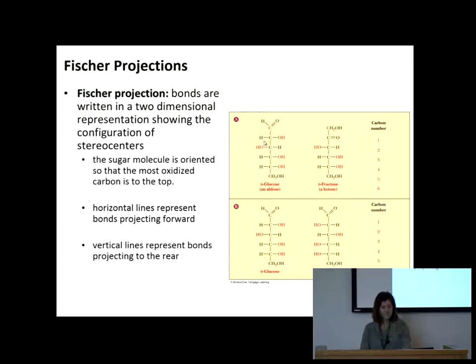Does the naming vary depending upon D or L? No, but we're going to talk about what L-glucose looks like. So glucose, for right now, is going to be the only structure I'm going to ask you to memorize. And the way I look at it is, it's 6 carbons, so it's an aldohexose.